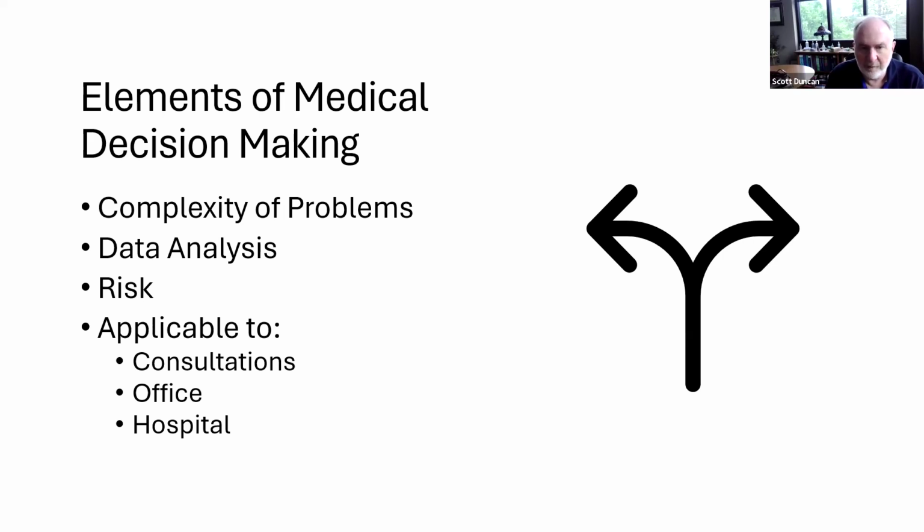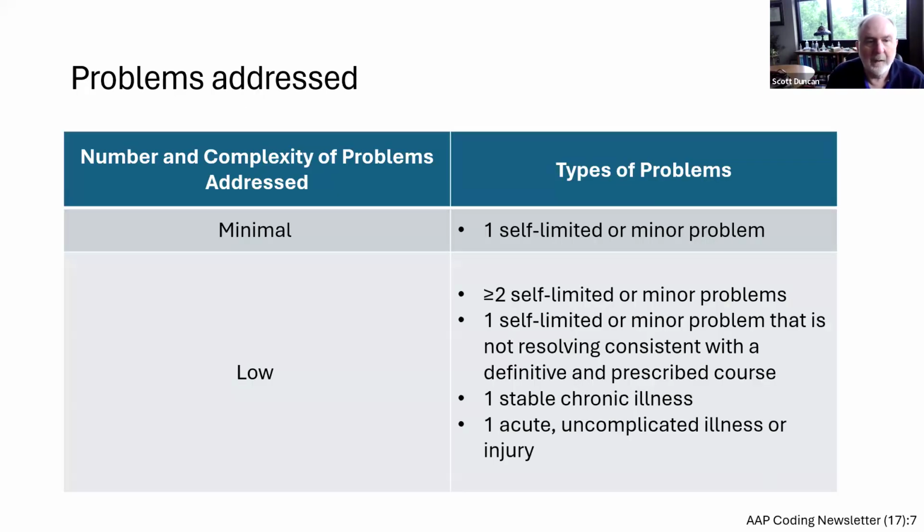And I've already given you 2 examples of hospital care where you would use these types of codes. First being the not so normal newborn, the second one being the intensive care baby who's over 5 kilos. So in the type of problems, minimal or low is like 1 self-limited or minor problem, 1 self-limited or minor problem that's not resolving, consistent with definitive or prescribed course, a stable chronic illness, an acute uncomplicated illness.